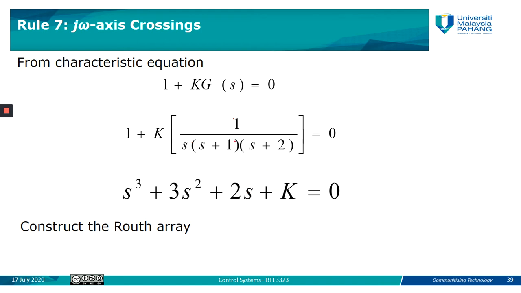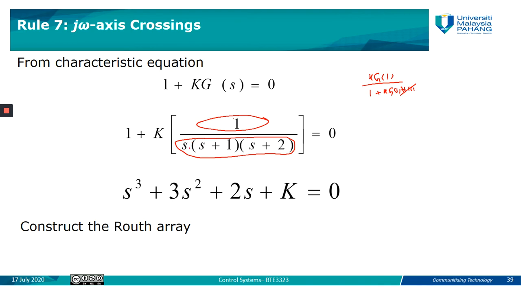This is for the open loop transfer function, which has no zeros. We have 3 poles. This is open loop. If we want to find the closed loop, it will be kGs over 1 plus kGsHs. Hs equals 1, so it will be kGs. That means our gain will be increased by the value of k.